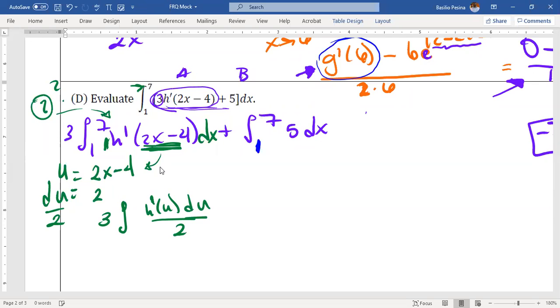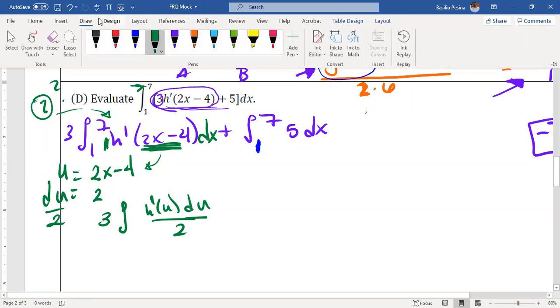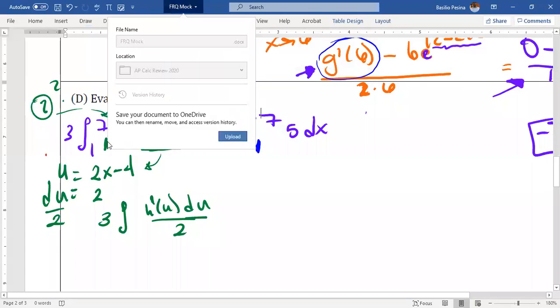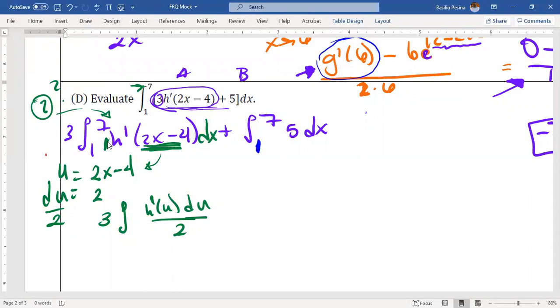Now, there's one dilemma. Since we're leaving everything in terms of u, we can no longer have these same limits of integration. So it's no longer 7, it's no longer 1, because it's no longer in terms of x's, it's in terms of u's. So all you have to do is substitute the end limits, the 1 and the 7, into u.